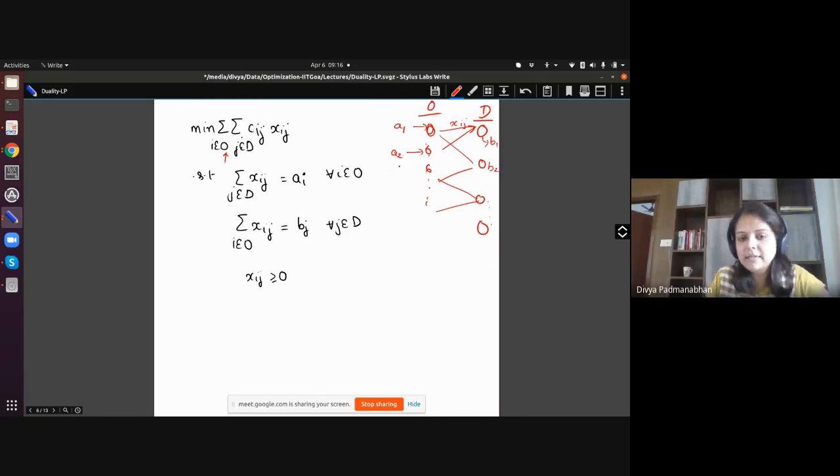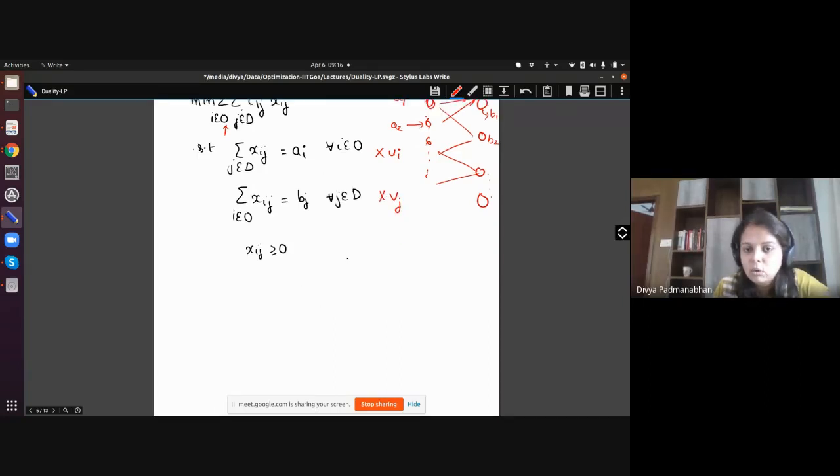Now, if you write the dual, remember this is an equality form. Let's say we multiply these with ui, and these with vj. Now the bound is going to be summation ai ui plus summation bj vj, taking the right hand side.